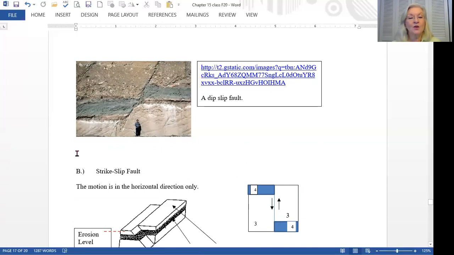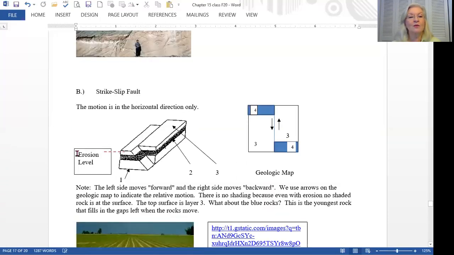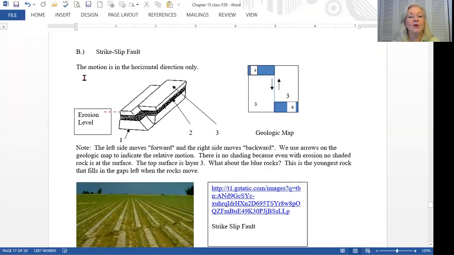All right, a strike slip fault. This one's a little more complicated. Motion is in the horizontal direction only. Here are our 2 blocks, and this is the fault line right here. You'll see that instead of up and down, they go in and out. The block on the left side, which is the footwall block, comes out of the page towards us.